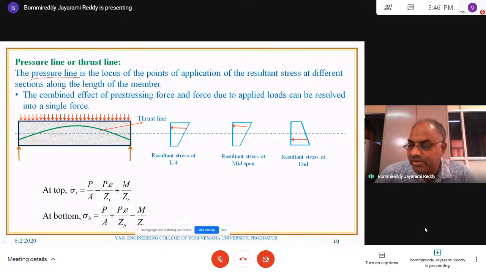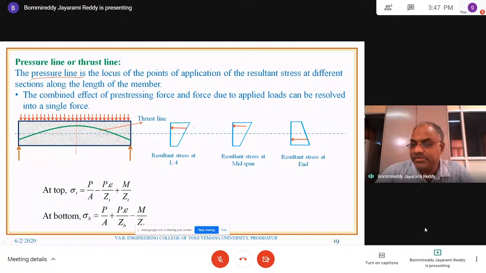So here the pressure line is the locus of the points of application of the resultant stress at different sections along the length of the member. For example, here at midspan, you know how to calculate the stresses. Stress at the top is P by A minus PE by Z plus M by Z. Similarly, stress at the bottom is this. Because at the center the bending moment is more, the third term is more, so you will get a small magnitude of stress at the bottom and the maximum magnitude at the top.